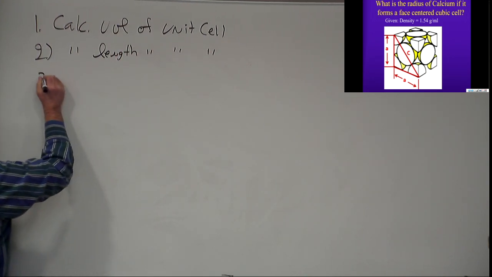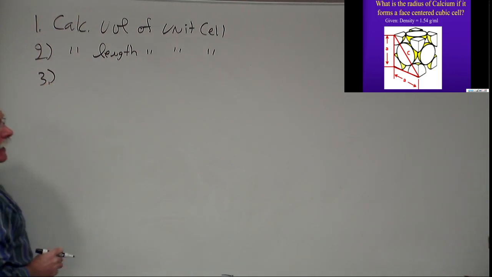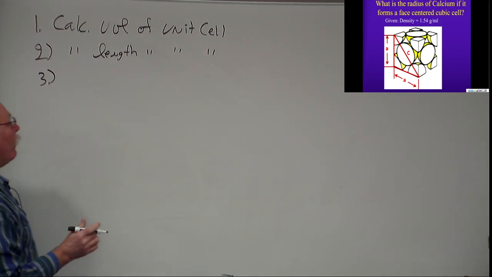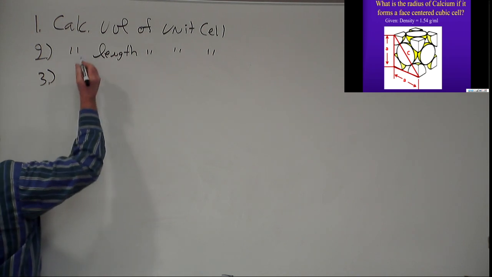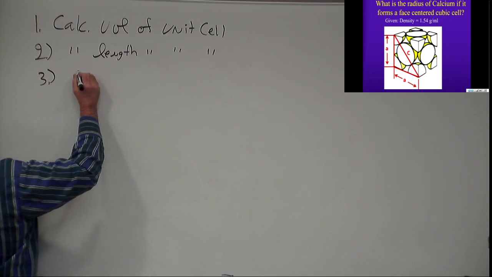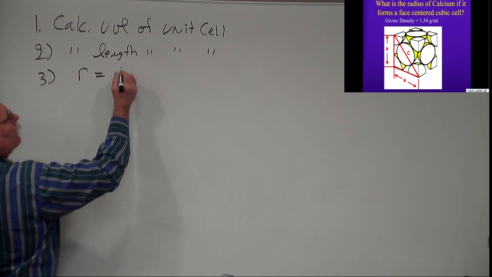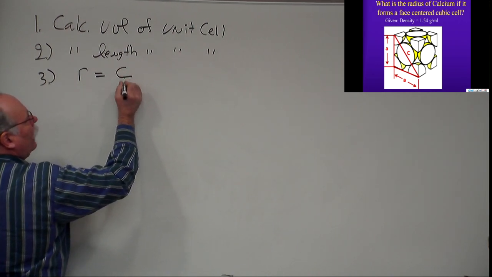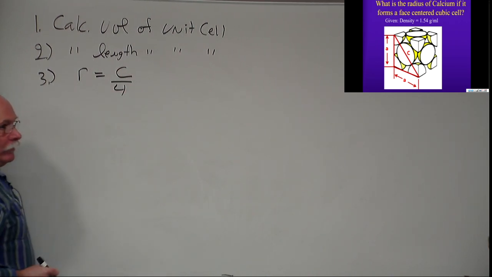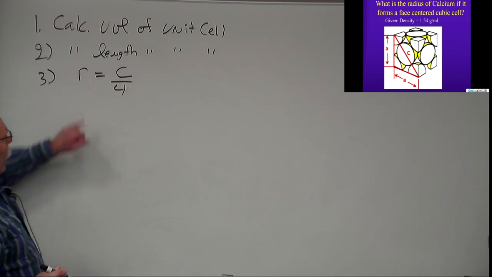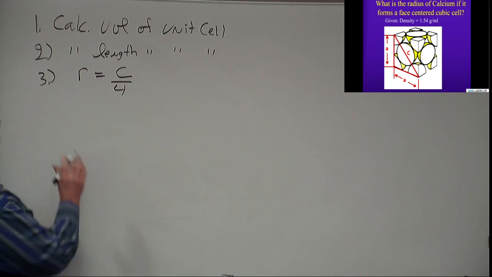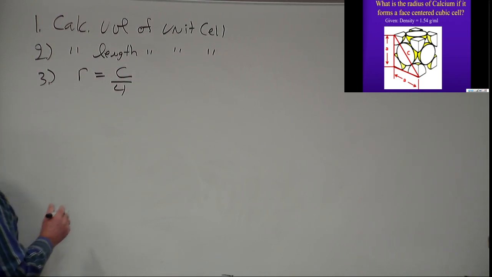Once we know the length, we need to calculate the diagonal across a face. And we need to know that the radius is equal to the diagonal divided by 4. That is, C is 4R. Okay? So let's first calculate the volume.